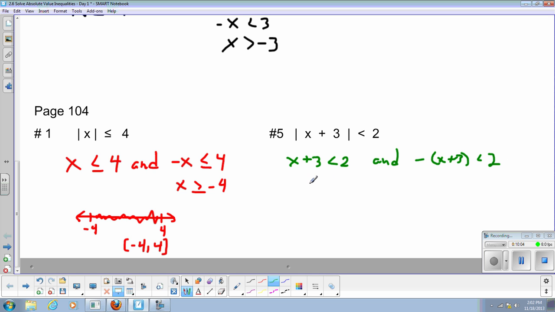Subtract 3 from both sides, and I say x is less than negative 1. And I'm going to distribute the negative. So I say the opposite of x, minus 3, is less than 2. Add 3 to both sides. The opposite of x is less than 5. Divide by negative 1. X, reverse my inequality symbol, is greater than negative 5.